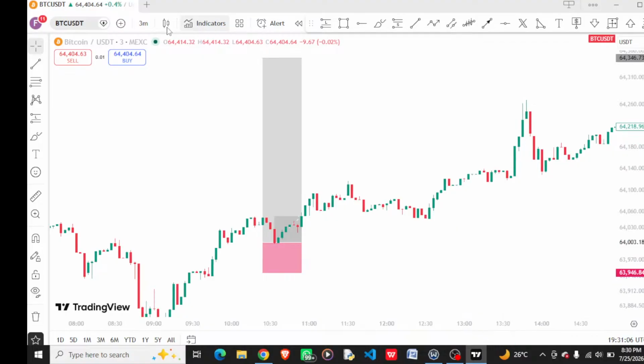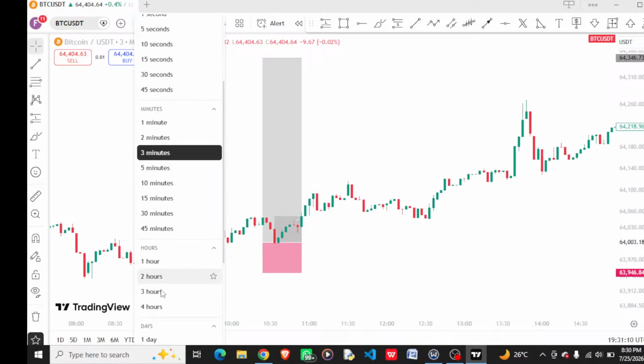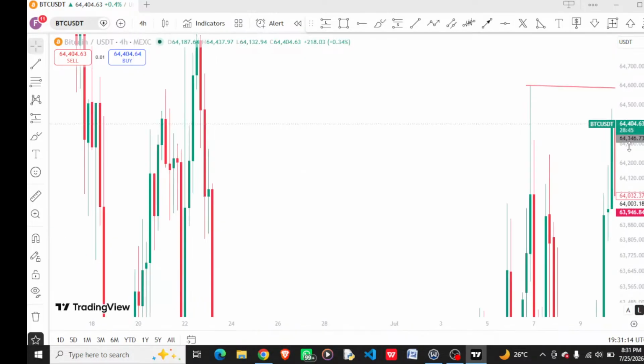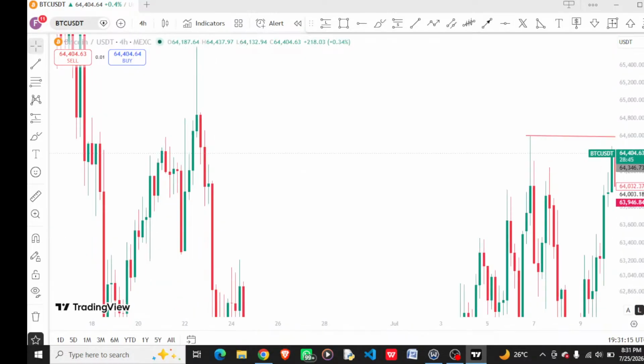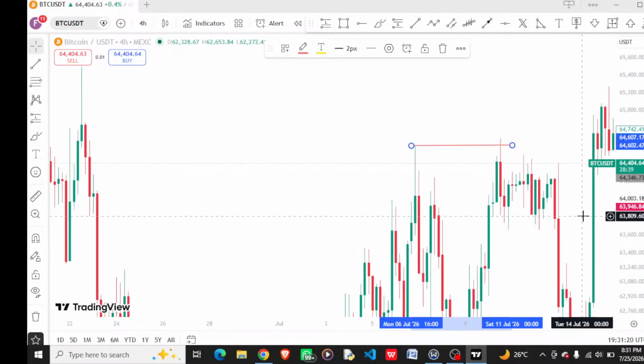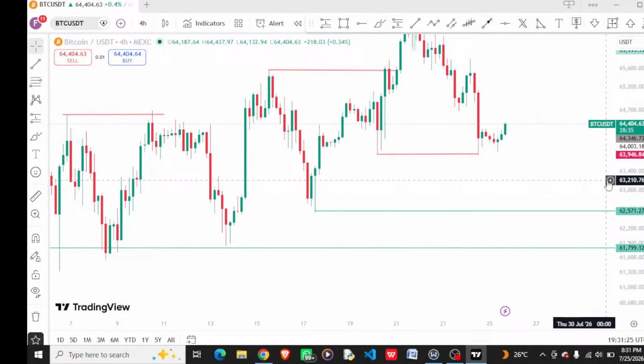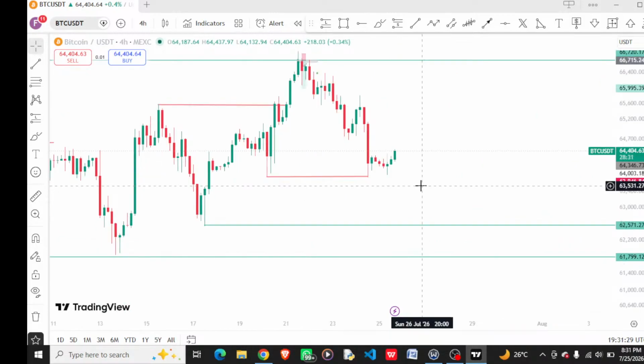Okay, this is actually my entry on Bitcoin today. So let's say this is our setup. This is literally our setup, right? So Bitcoin is going up again, and the going up is going to fill up a gap.